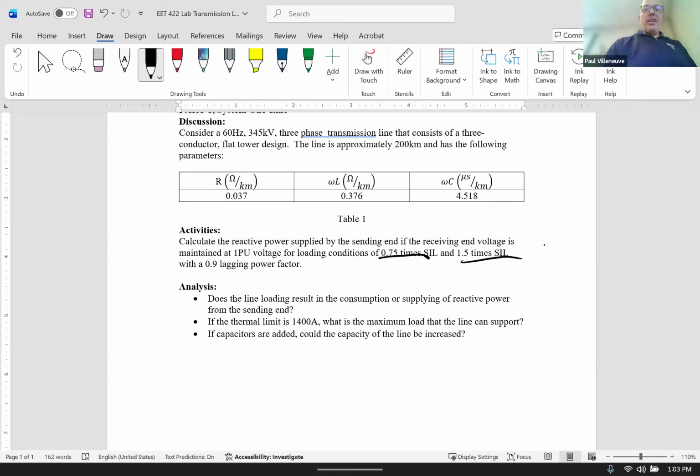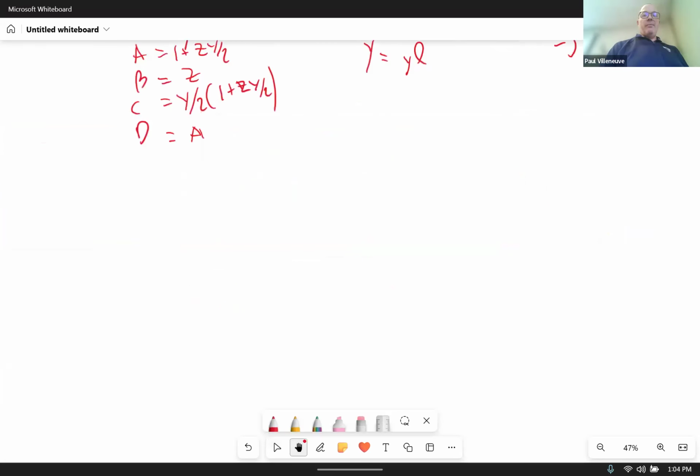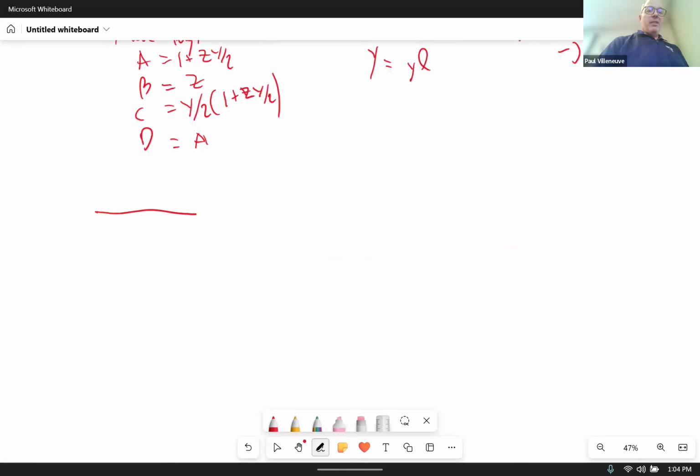So if I look over here, the power factor should be greater than 0.9. And over here, it should be less than 0.9 because that line needs vars. In the other case, it's supplying. So 1 per unit voltage and a lagging power factor means we're good to go and actually start modeling this up.